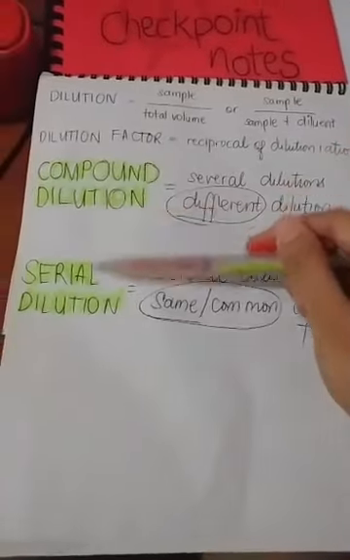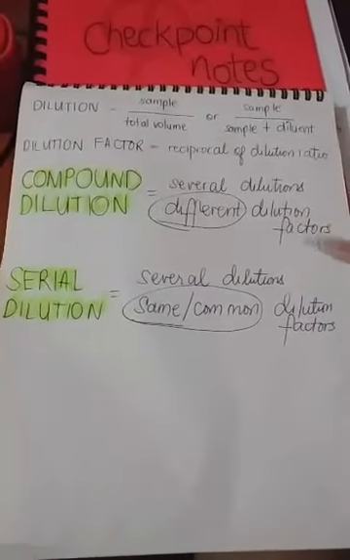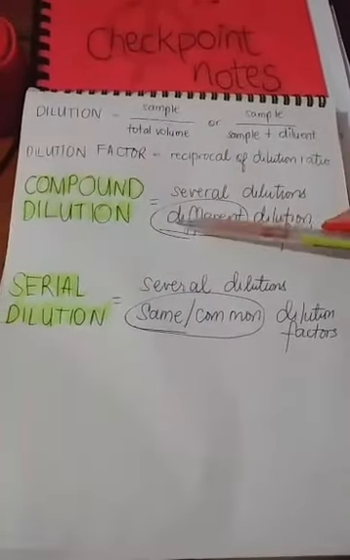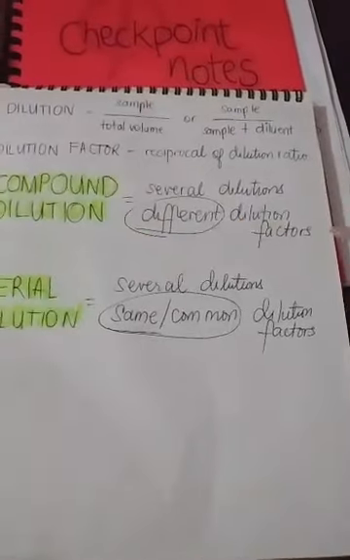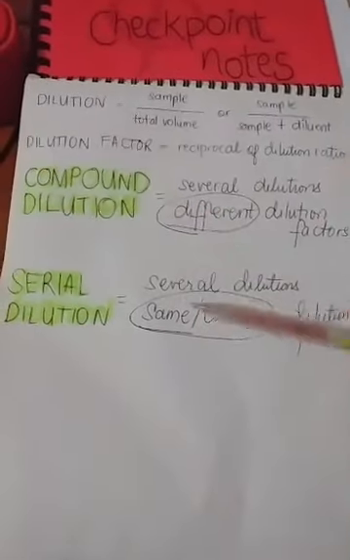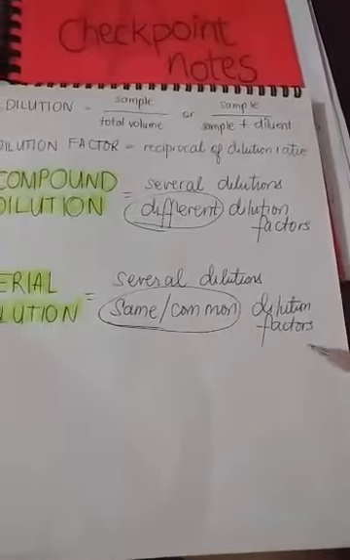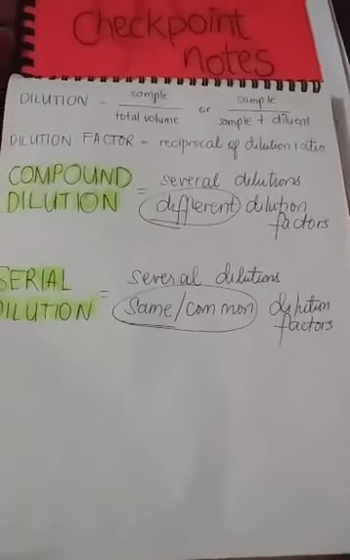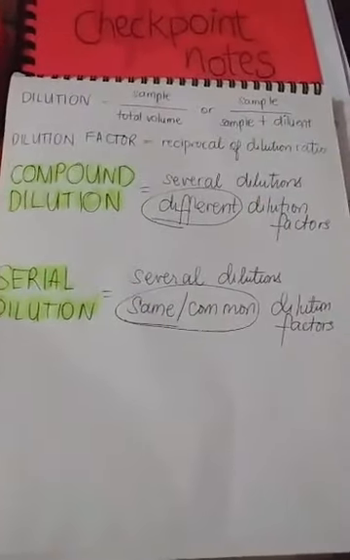Ang pinagkaiba ng compound sa serial ay yung paggamit sa dilution factors. Pag different ang dilution factors in each tube, that is called compound dilution. Kapag same or common dilution factor ang ginamit natin for all the tubes, that is a serial dilution.